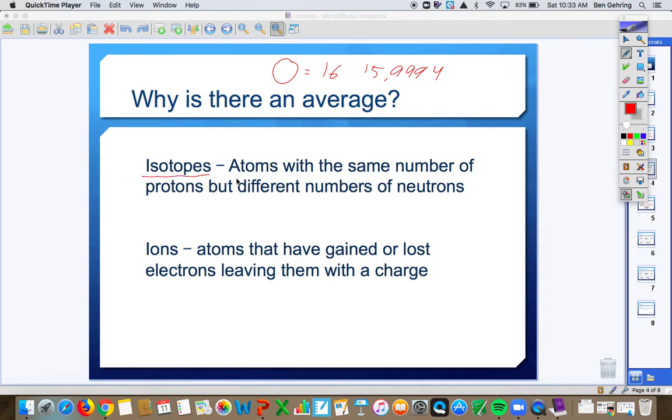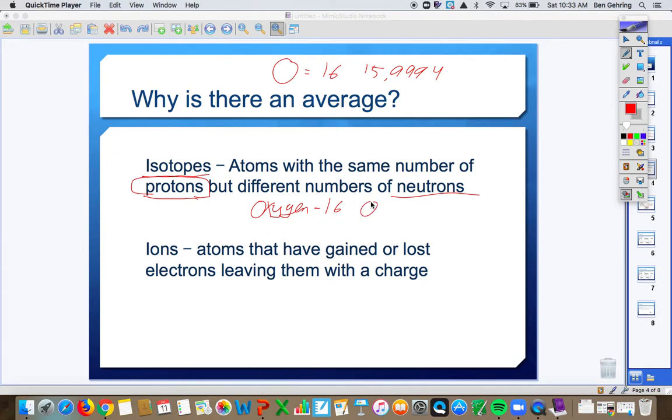Isotopes of elements are atoms with the same number of protons, but different numbers of neutrons. So atoms of the same element, that's where the protons come in, with a different mass. That's where your neutrons come in. For example, we have oxygen-16, which has a mass of 16, 8 protons, 8 neutrons.